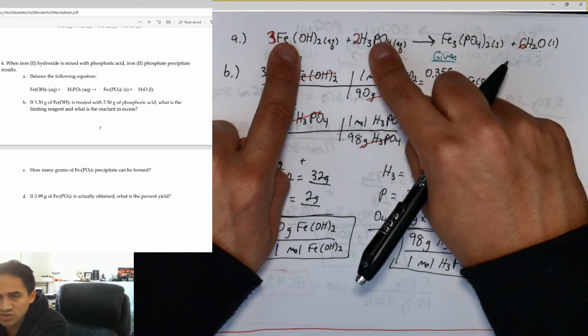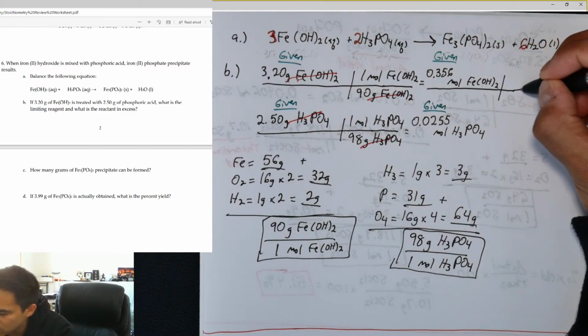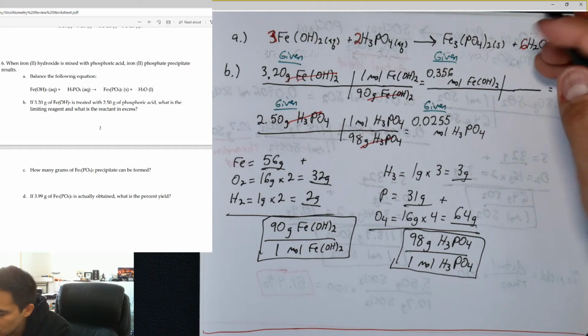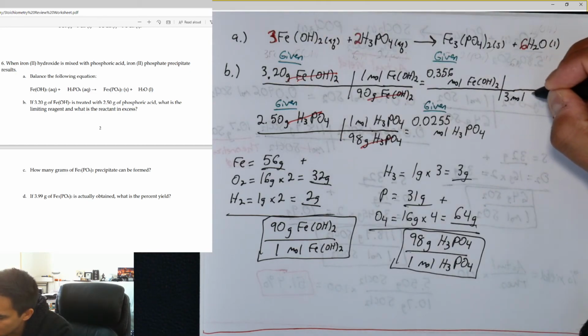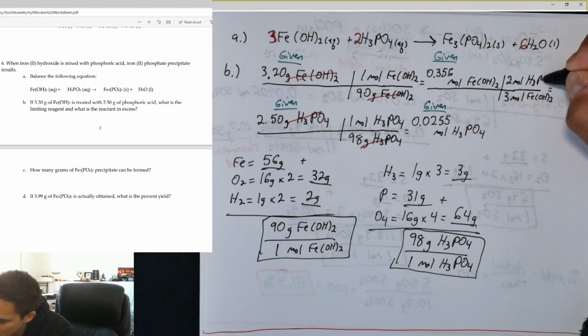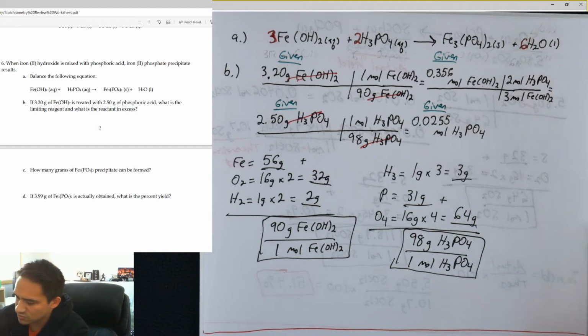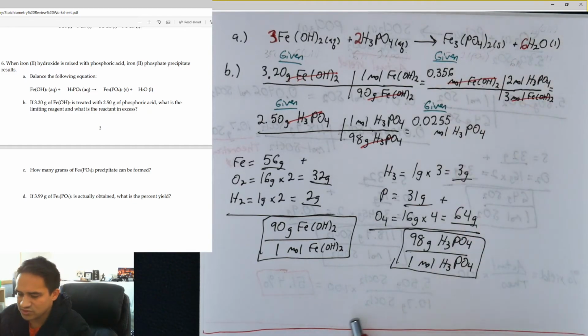It is a 3:2 ratio, so we're going to use those numbers from the reaction. For every 3 moles of FeOH2, we are going to have 2 moles of H3PO4, like so. So moles of FeOH2 will cancel with moles of FeOH2.